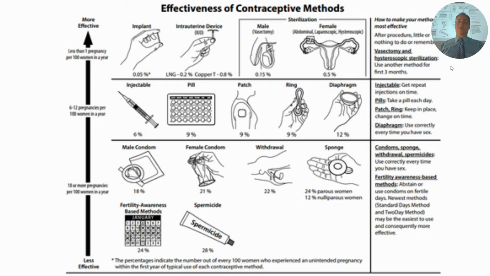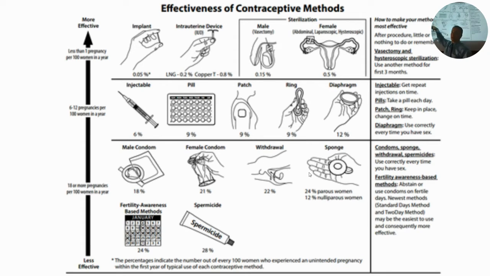These statistics are for every 100 people that use this method, that's how many times it will be effective, 24 out of 100. As we go up this chart, I'm sorry, I was incorrect. It's 24% of the time it's ineffective. It doesn't work. Condoms, about 18%.